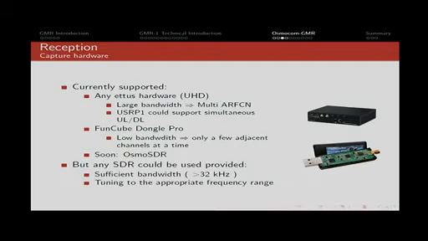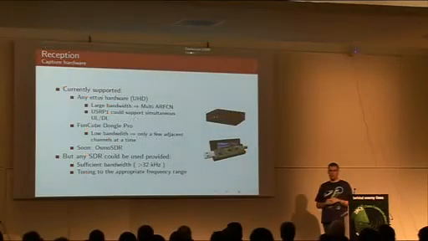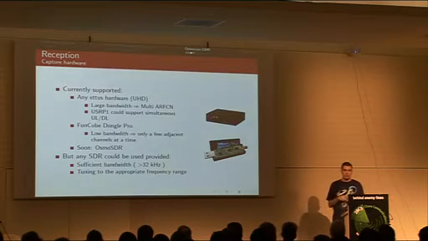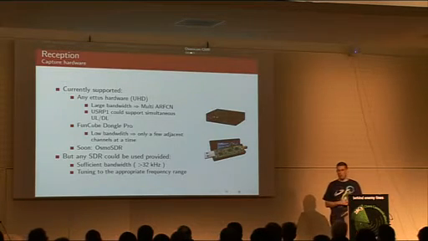So, capture hardware. You can use any software-defined radio you like as long as it can save C files, but our capture utility has specific support for UHD, so basically any Ettus hardware there is, you should be able to use, as long as you have a matching daughter board for the correct frequency, of course.